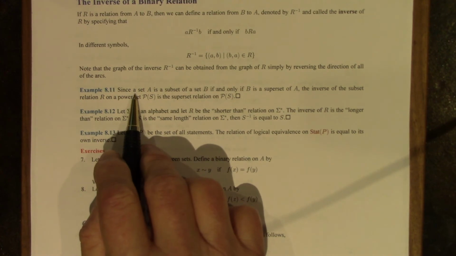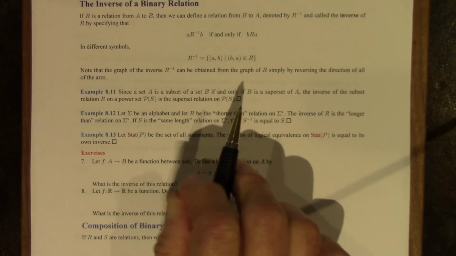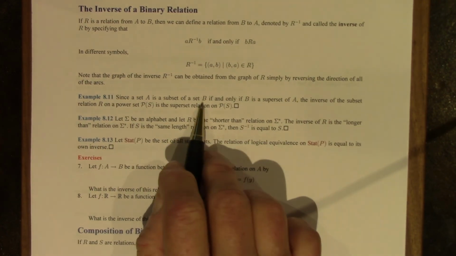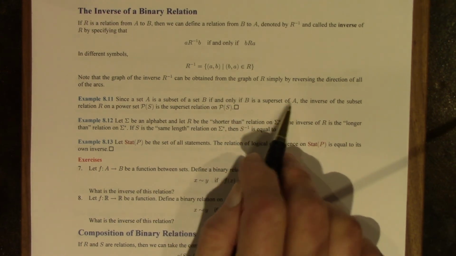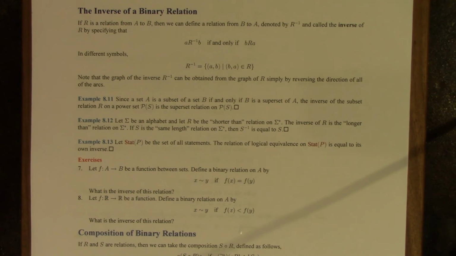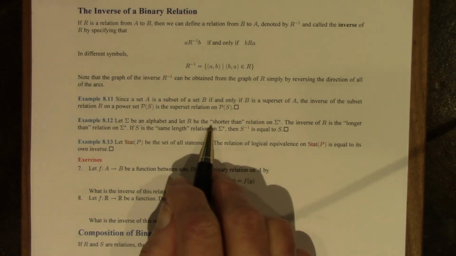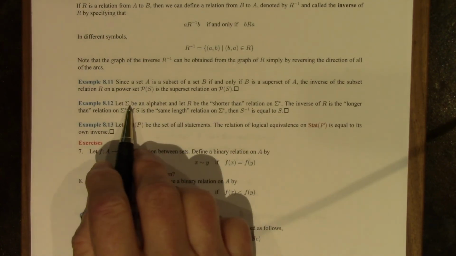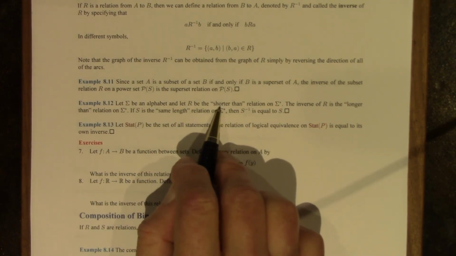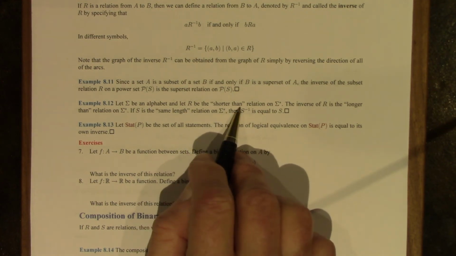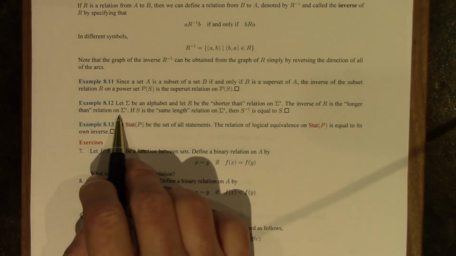Some examples. Since a set A is a subset of a set B if and only if B is a superset of A, the inverse of the subset relation is the superset relation. On the family of words over an alphabet, the inverse of the shorter than relation is the longer than relation.